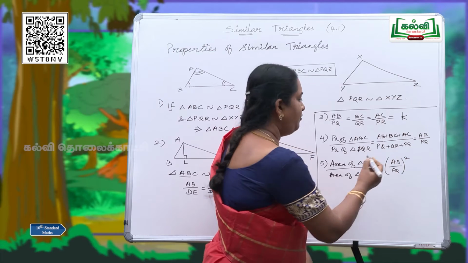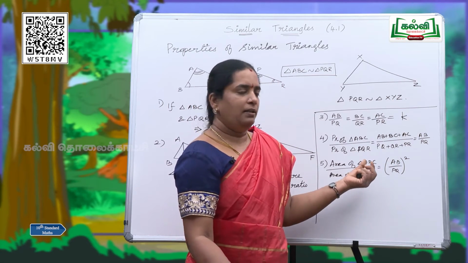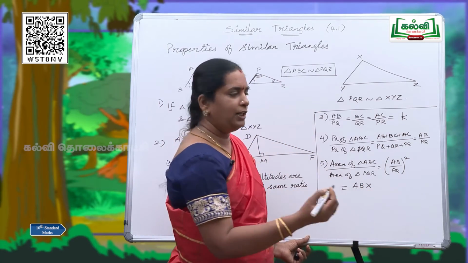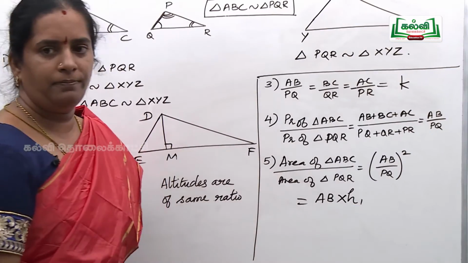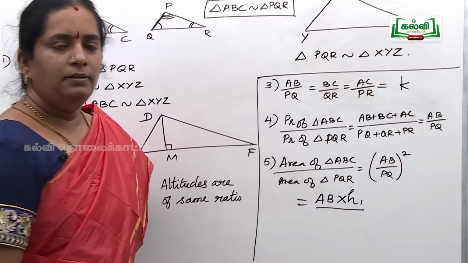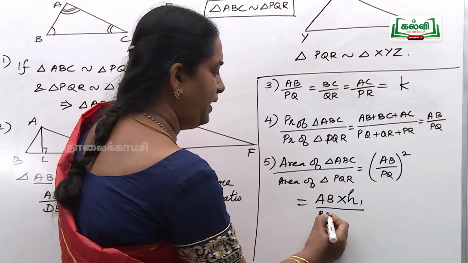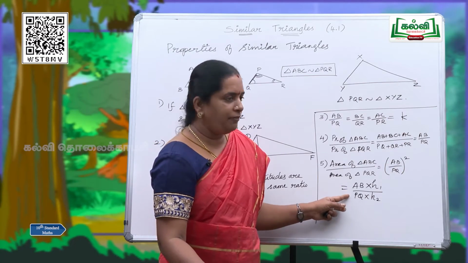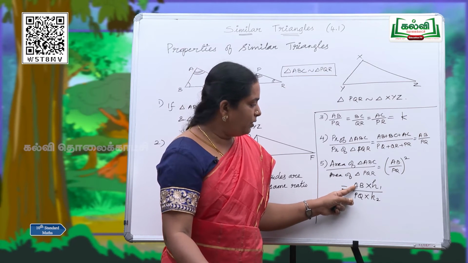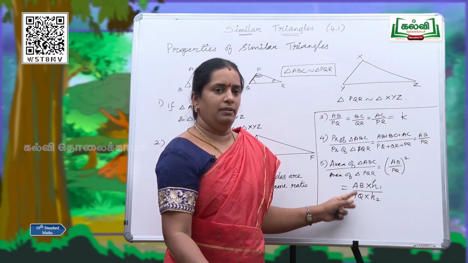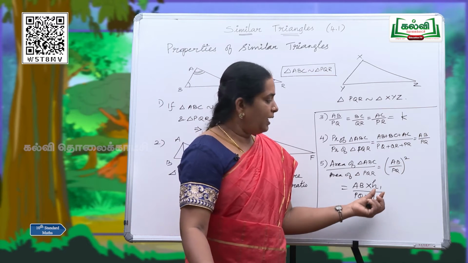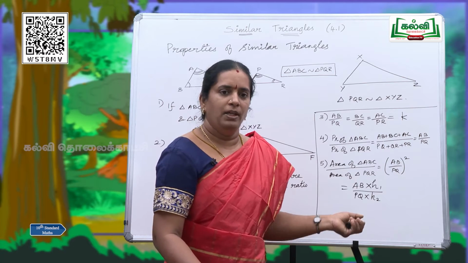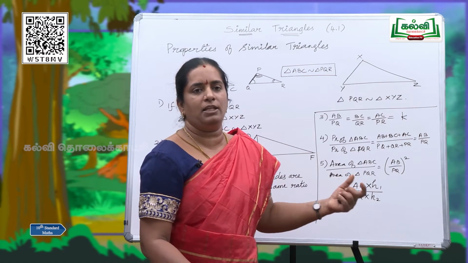If we take AB as the base, let us take the altitude as H1, and take the base as PQ and the altitude as H2. Now AB by PQ is the ratio of the corresponding sides, and H1 by H2 is the ratio of the altitudes, which is also the same as the ratio of the sides.